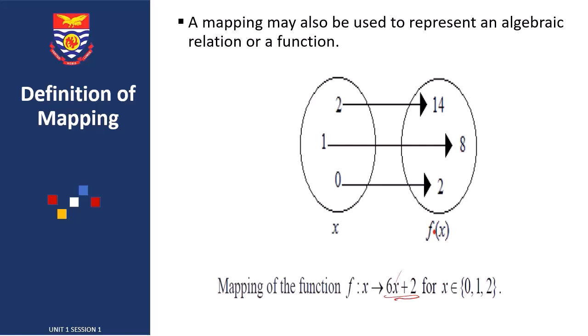We take the input, initial condition 0, into this machine or preset, then what will be the output? When I put 0 there, the output is 2. When I put 1 there, I get 8. And when I put 2 there, I get 14. Let's say it's a machine, a product, and I want to put in labor. When I take 2 laborers, they can produce 14. When I take 1, they can produce 8.